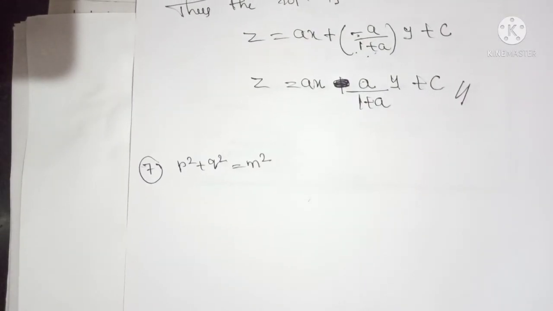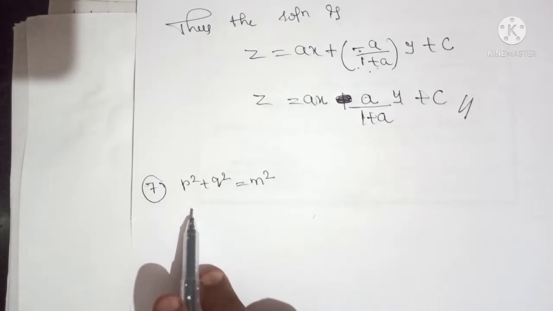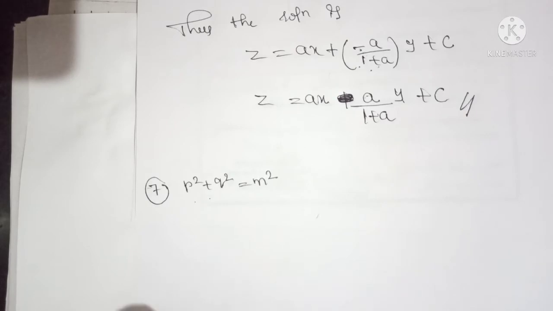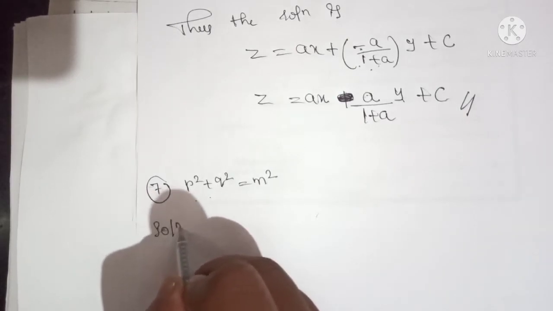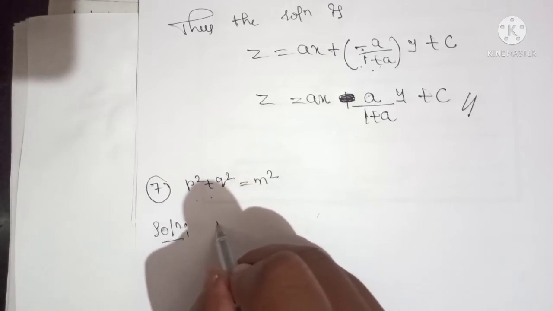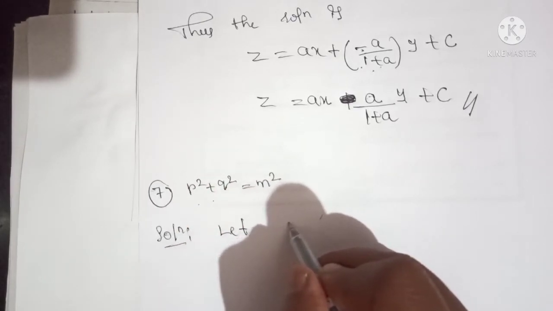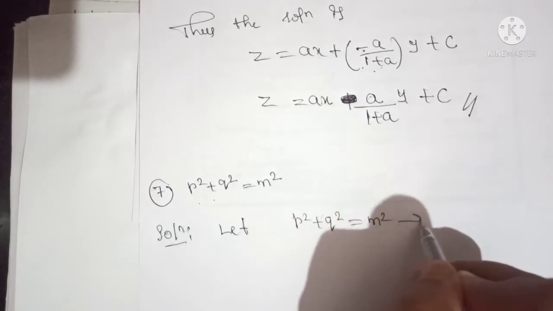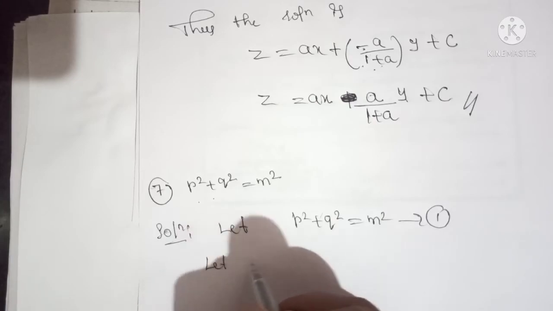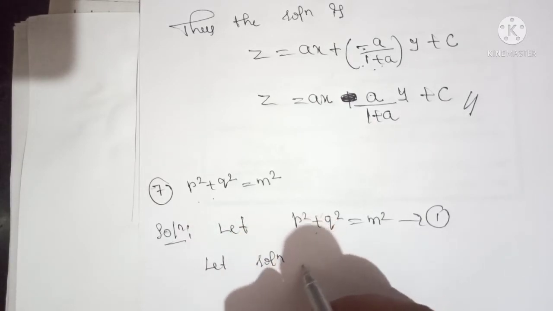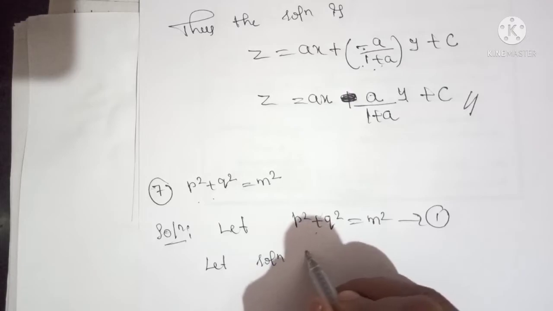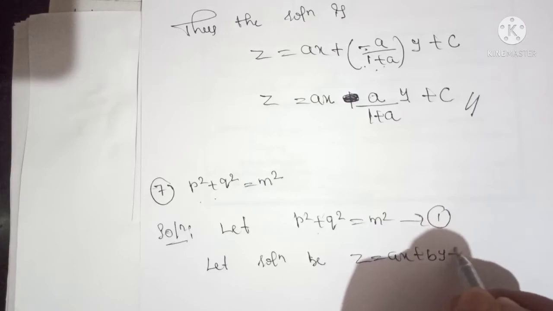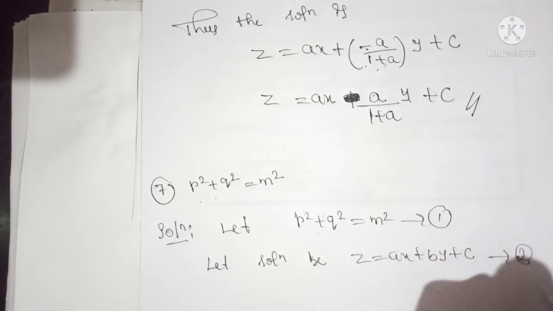Okay, next problem: solve p square plus q square equals m square. Solution. Let us consider the given equation as equation 1. Now let the solution of this equation be z equals ax plus by plus c, as equation 2.